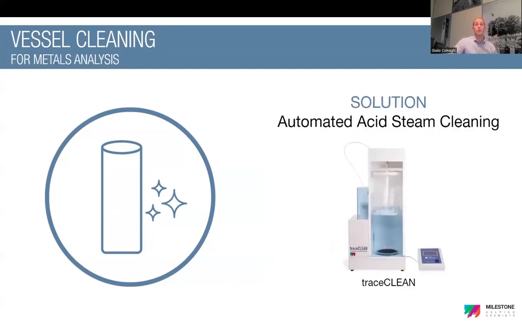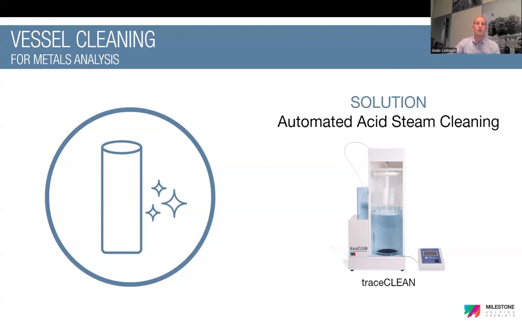A good way to address this issue is to use an automated acid steam cleaning system that can perfectly fit in the metal analysis and enables an efficient cleaning of our vessels, of our glassware, and doesn't expose the operator to any safety concern.